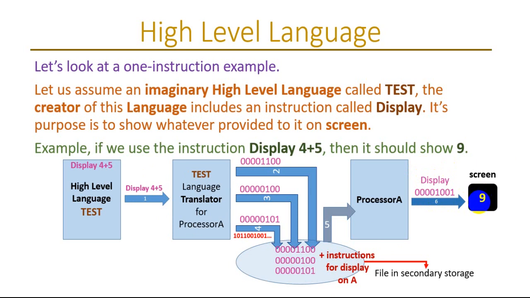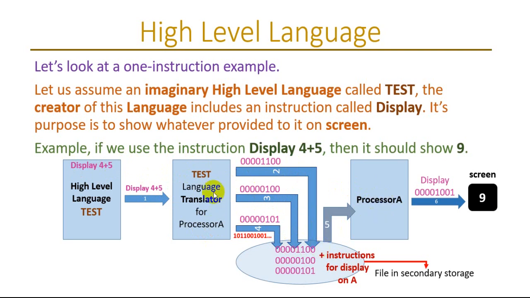So if you look at it, this is why we say high level language is processor independent. It does not depend on the processor. See, this language used something called display 4 plus 5. Processor doesn't understand. So it's not dependent on the processor. But the translator is the main person who will convert this into the necessary codes to do that job.